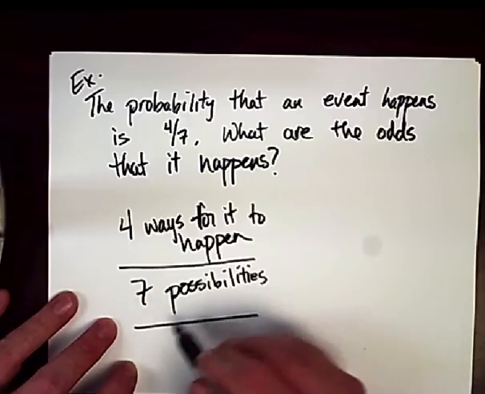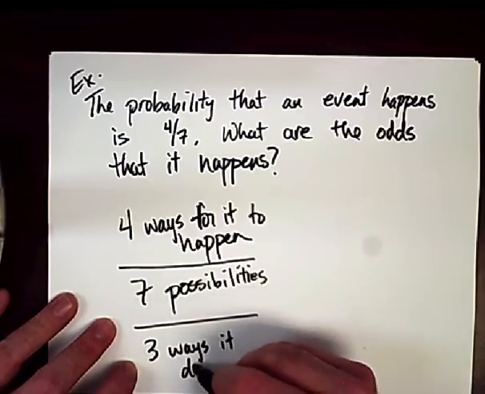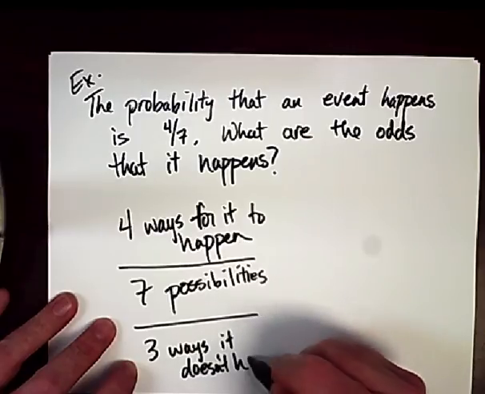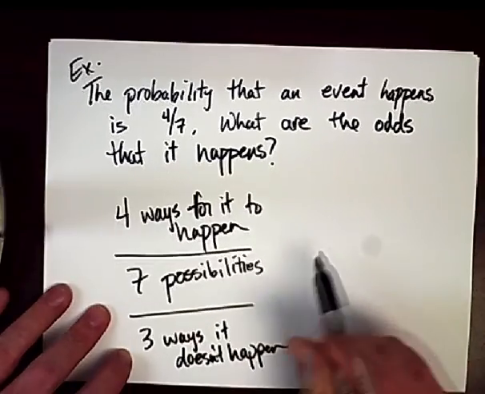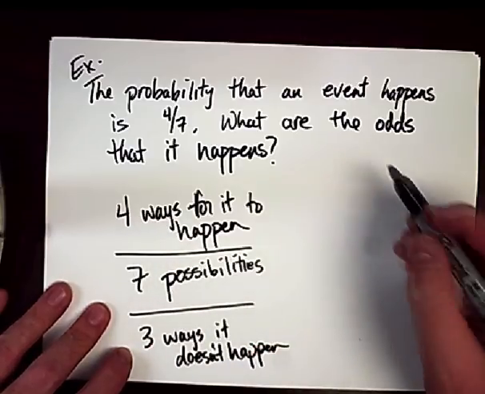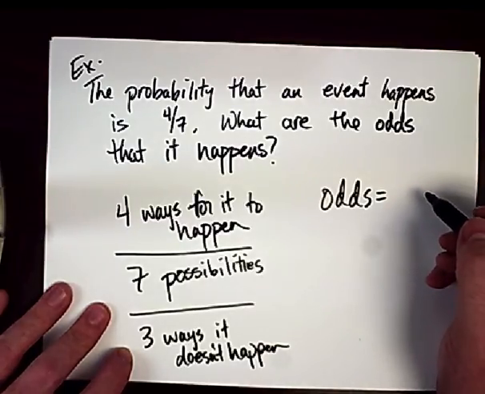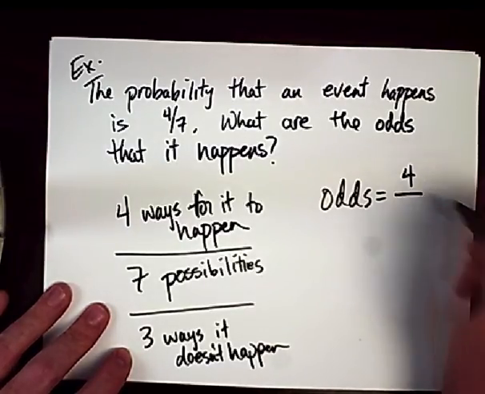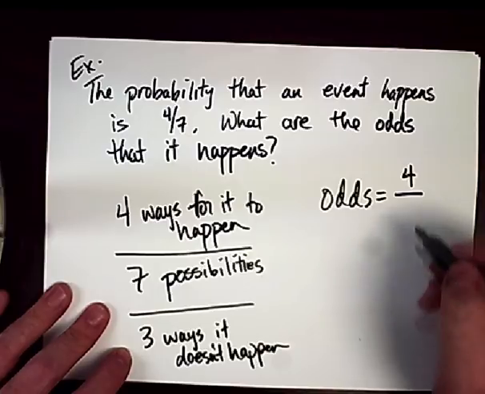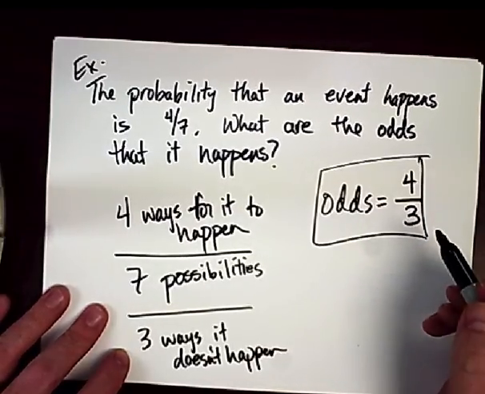That means there are 3 ways it doesn't happen. Because there are 4 ways for it to happen, there are 7 options, so 3 don't work. So the odds, remember, are ways for it to happen over ways for it to not happen, which is 3. So you would say it has odds of 4 to 3.